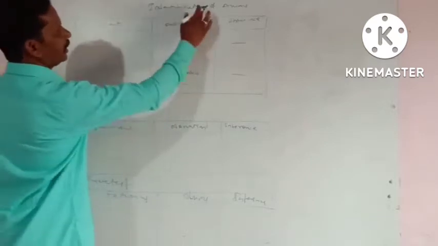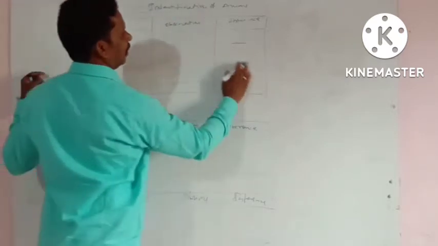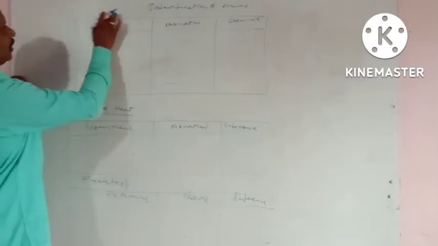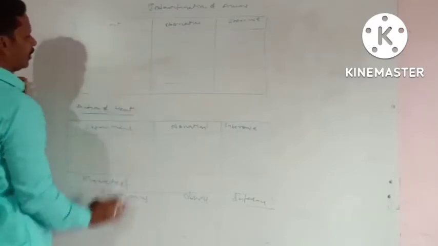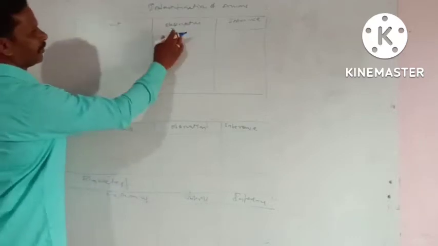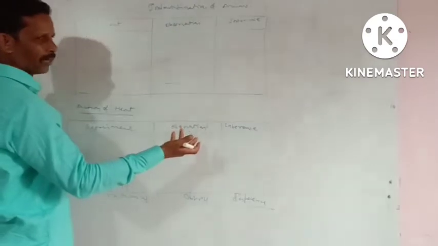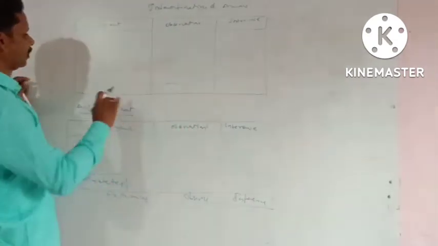So here it is identification of anions. In identification of anions, you make the table over the whole page, with experiment, observation and inference. It may come on the white page or the line page, whatever it may be.